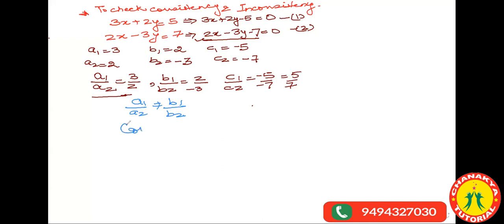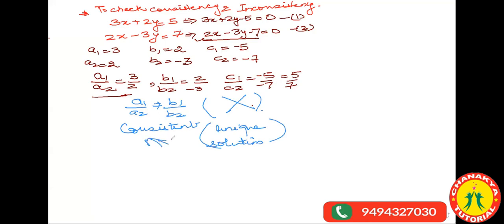System is consistent. The system will be consistent because lines are intersecting and they have a unique solution. Unique solution means there is a solution. So if there is a solution, that means system is consistent. Clear? All have understood?